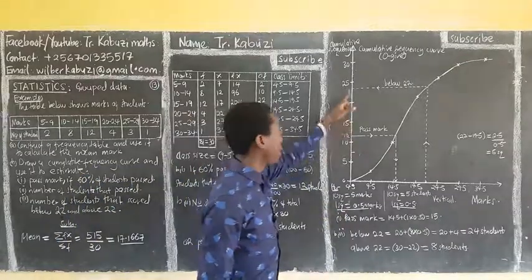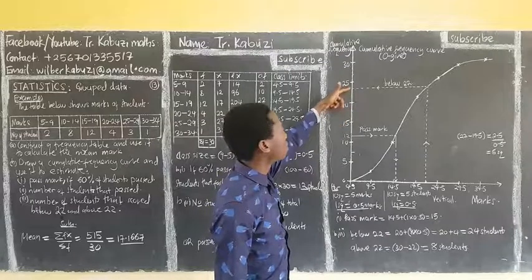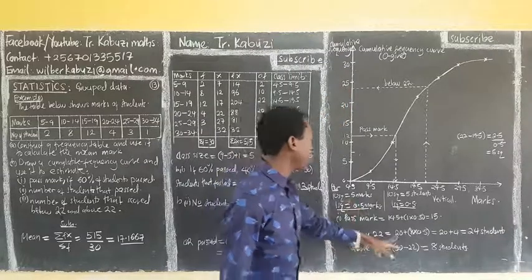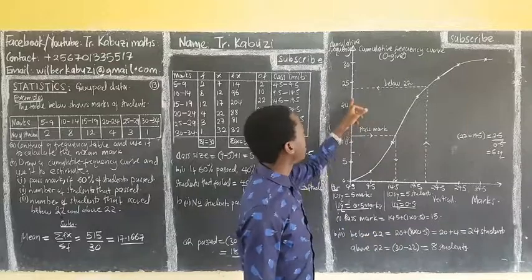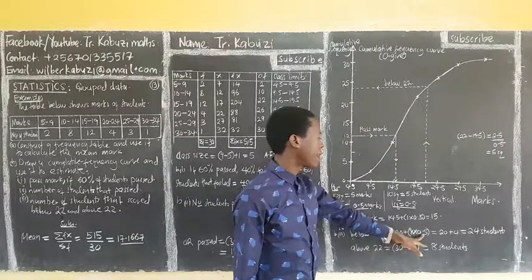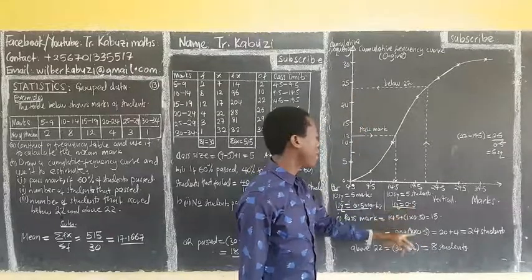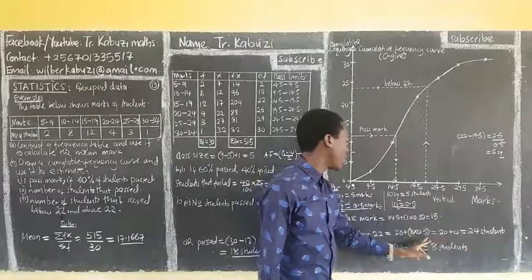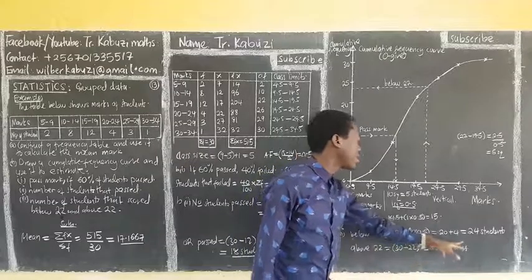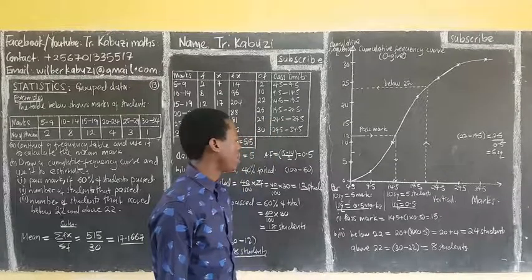When I read them here, I start from 20, and there are 8 small squares. So below 22 you get 20 plus 8. From here up here is 8, then times what its small square is representing on the vertical. One small square is 0.5. So when you multiply this, we get 4, plus the 20, this means that 24 students scored below 22.